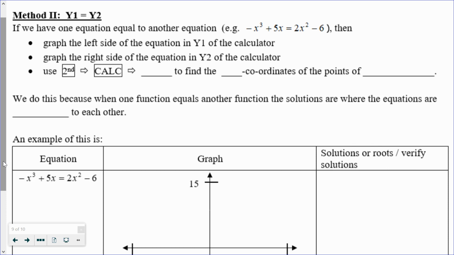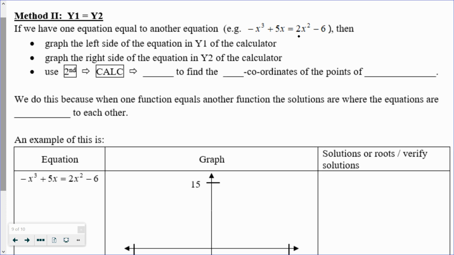My personal opinion at this point is you should just do minus 2x squared plus 6, and what you do to one side, you do to the other. Then you would get -x cubed minus 2x squared plus 5x minus 6 equals 0, and then do what we did with the last question.